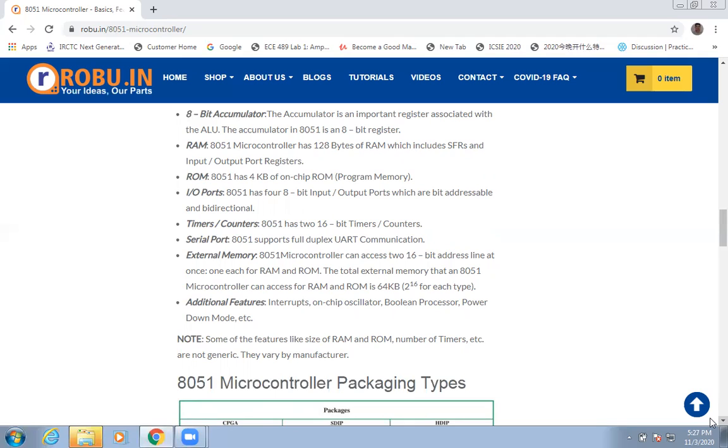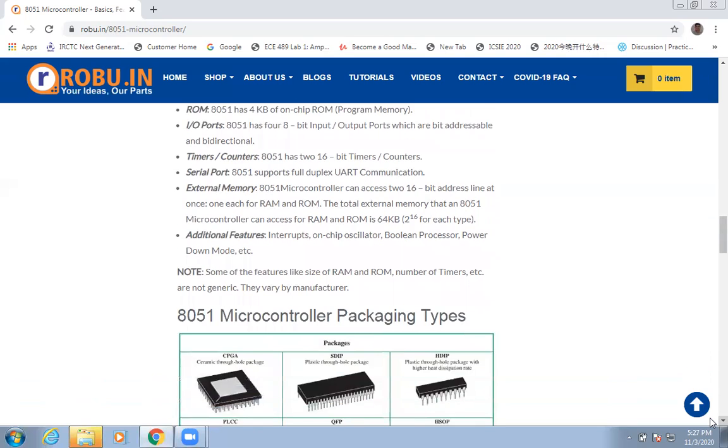Additional features: interrupts, on-chip oscillators, Boolean processor, power down modes. These are some of the extra features which are also included in the 8051 microcontroller.